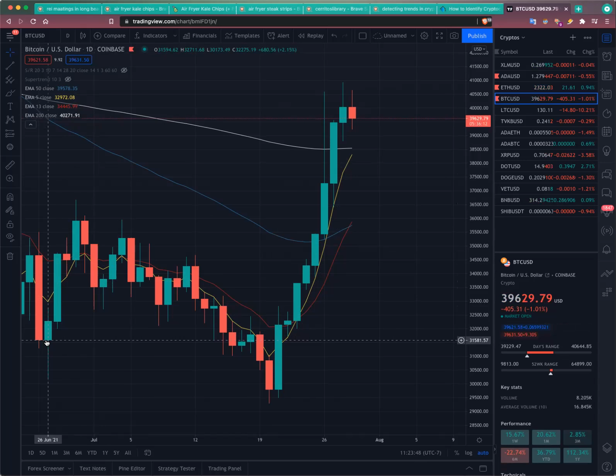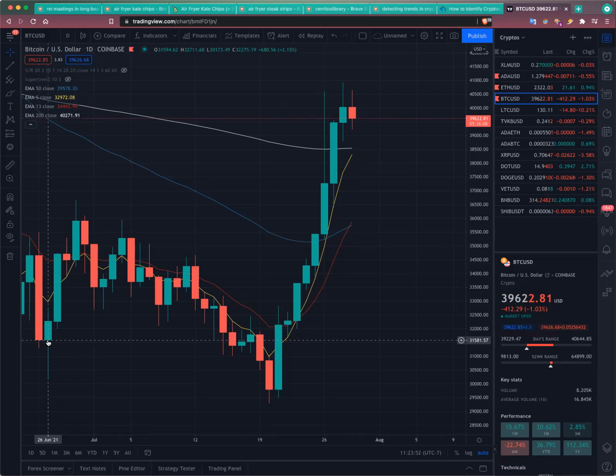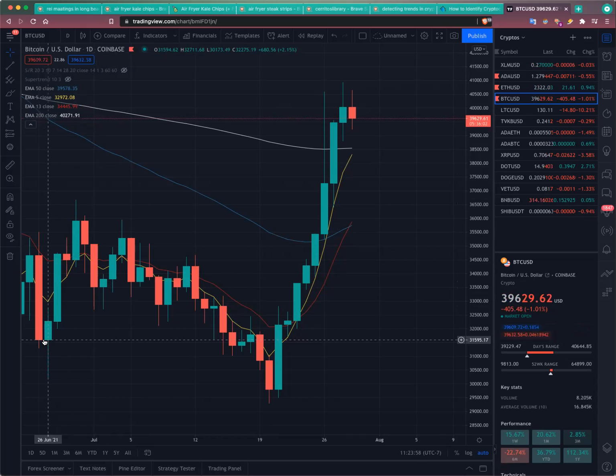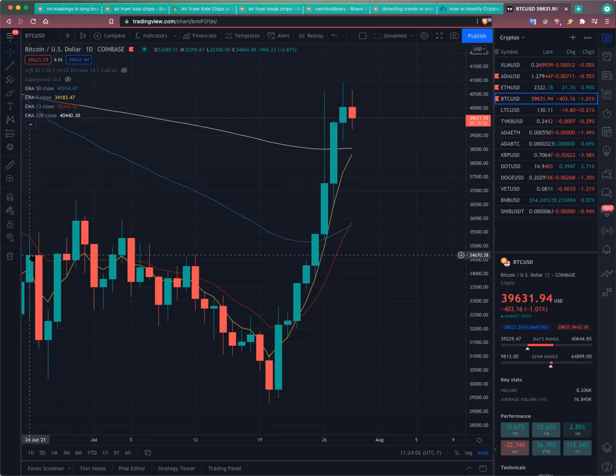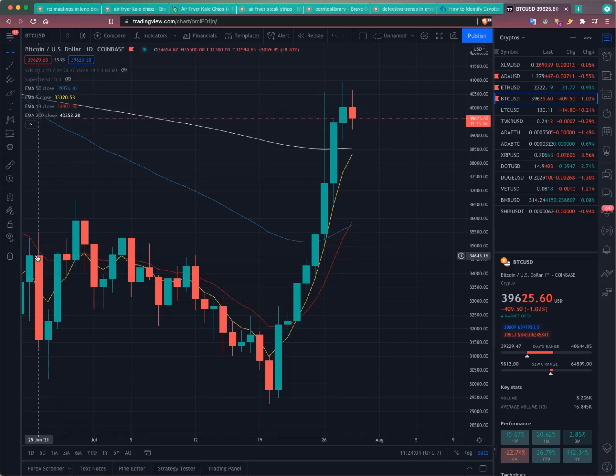I'll say that again: when you see two boxes that close on the same line at the same time, like this, that means the trend is reversing. For example, this day they closed at the same time, so that means it started going down.